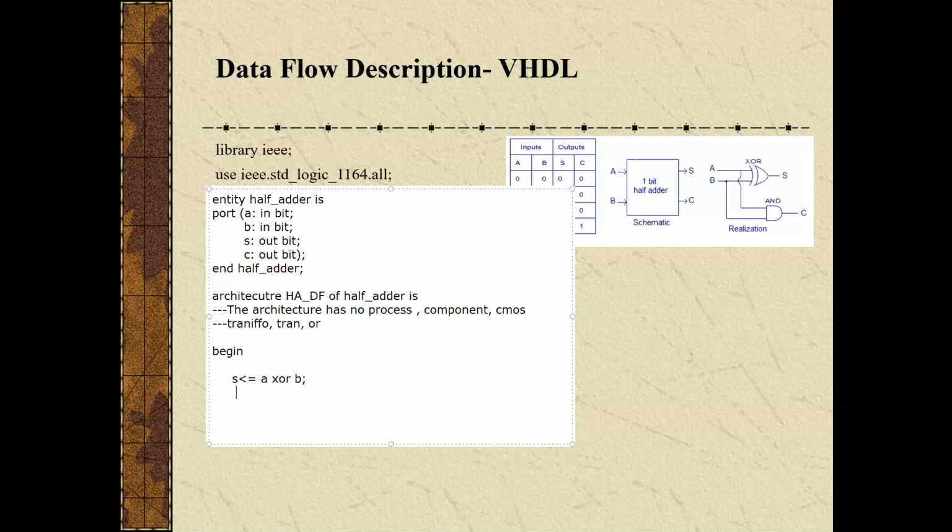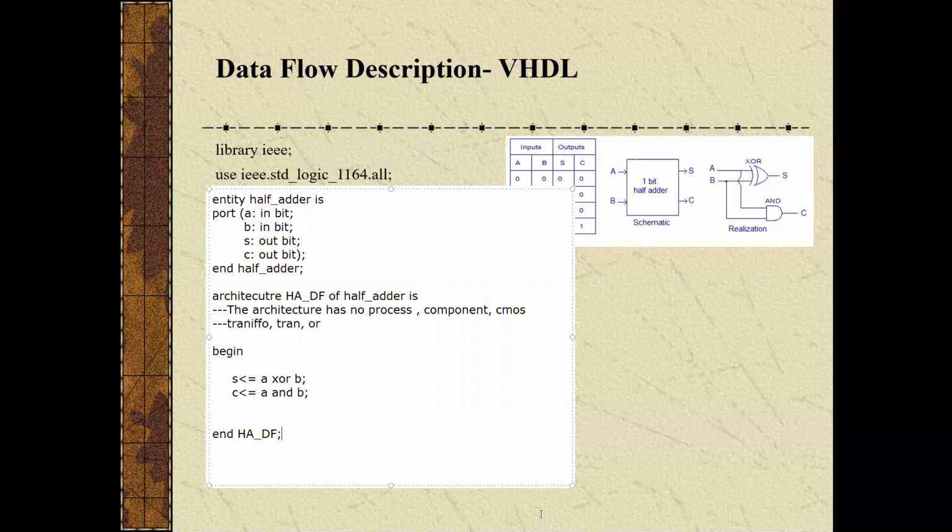And the carry is also the AND operation of terminals A and B. We have to assign that. Then we have to end with the name of the architecture. So this is one example of data flow description.